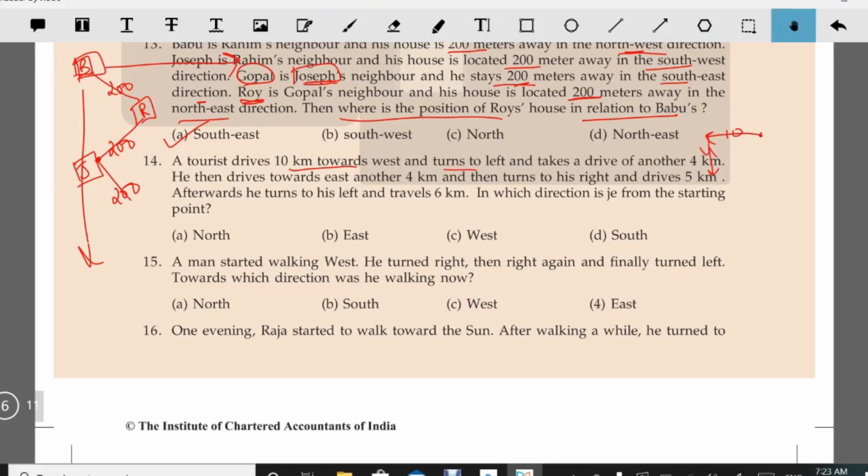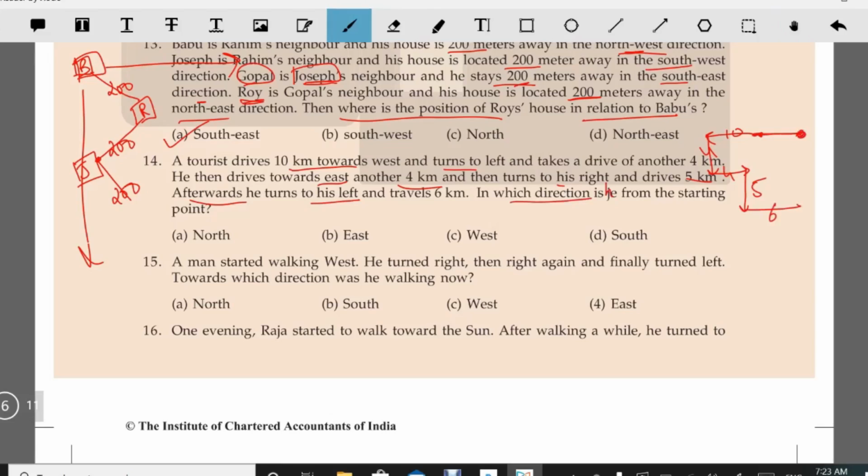He then drives towards east another 4 kilometers. And then turns to his right and drives 5 kilometers. Afterwards, he turns towards his left and travels 6 kilometers. In which direction is he from the starting point?